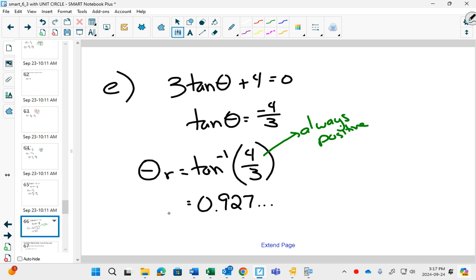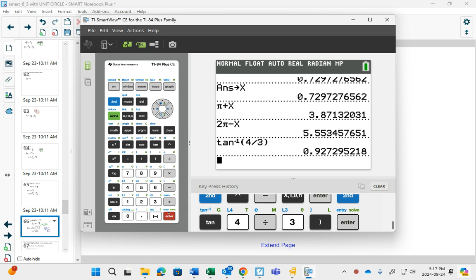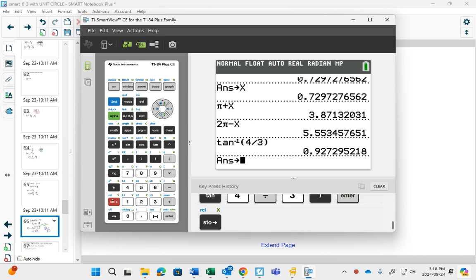Now, according to the cast rule, if tan is negative, it's either in quadrant 2 or quadrant 4. A nice trick with your calculator that you can use is above the on button is the store button. And I like to store answers, and I often use X right beside the alpha button, just because it's the easiest letter to pick.